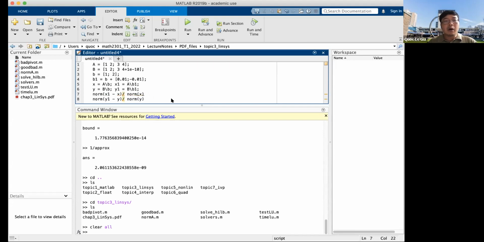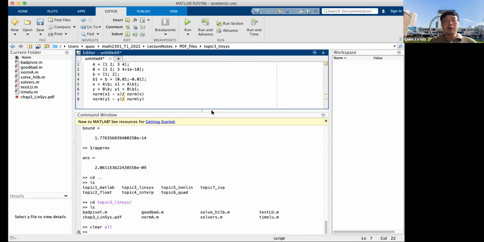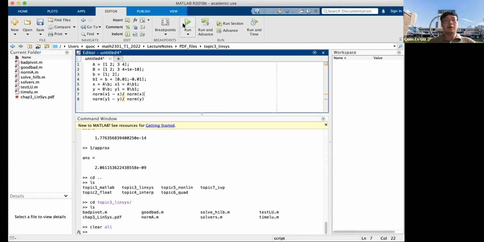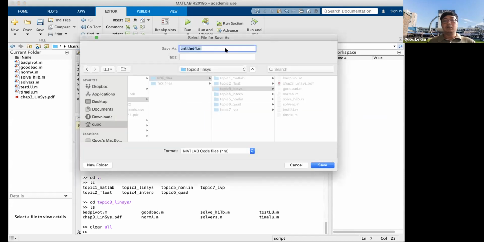So there's something wrong? Okay, everything is okay, right? So now let me run it. It asks me to name it, so let me say this one is example for the lecture notes.